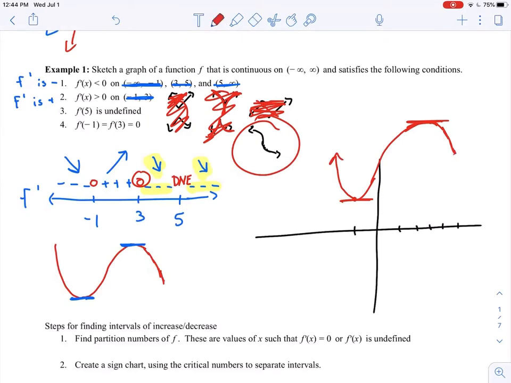It's still going to be decreasing after 5, and actually that's not quite there, so let me see if I can try one more time here. Something like this. Hopefully we get the idea. And actually, oops, I don't want it to bounce back up. I want it to continue decreasing. So perhaps we'll just say something like that.